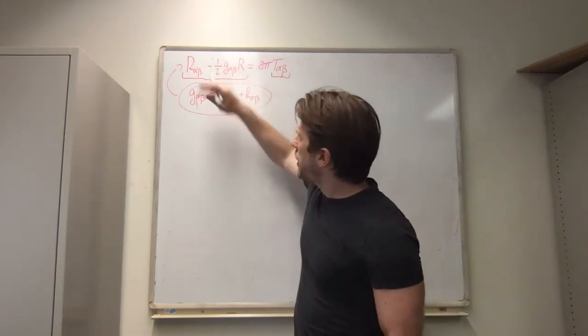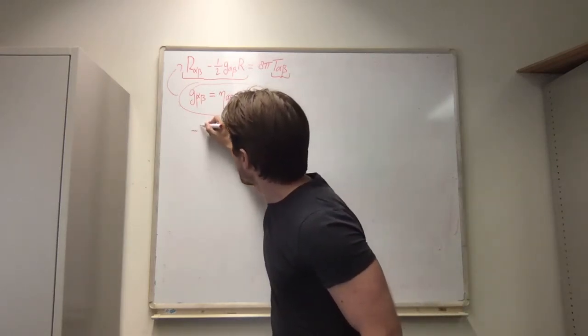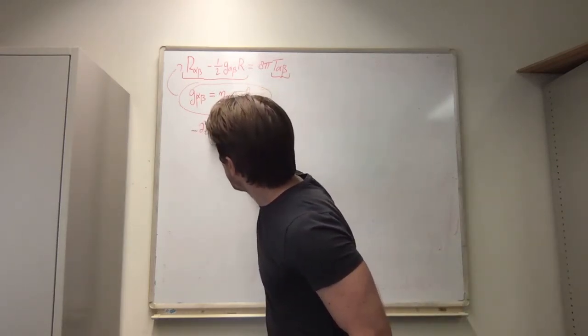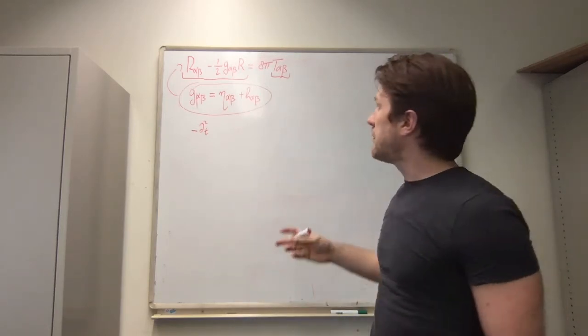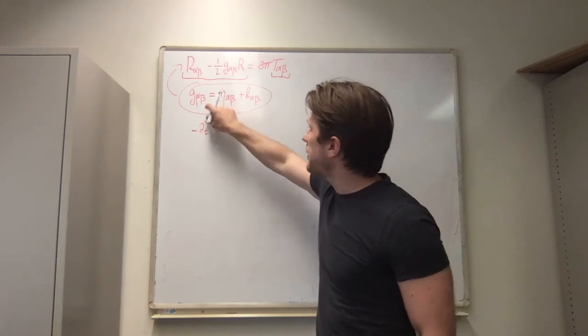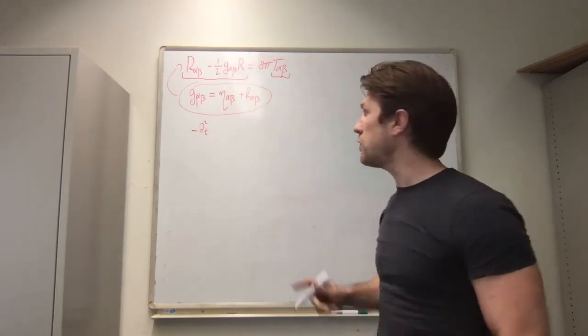So all in all, if you plug this in, I can already give you the answer. It's going to look like this. It's straightforward, but it's a tedious exercise to put this in here and find what comes out. So I'm going to skip that step and just tell you what it is.